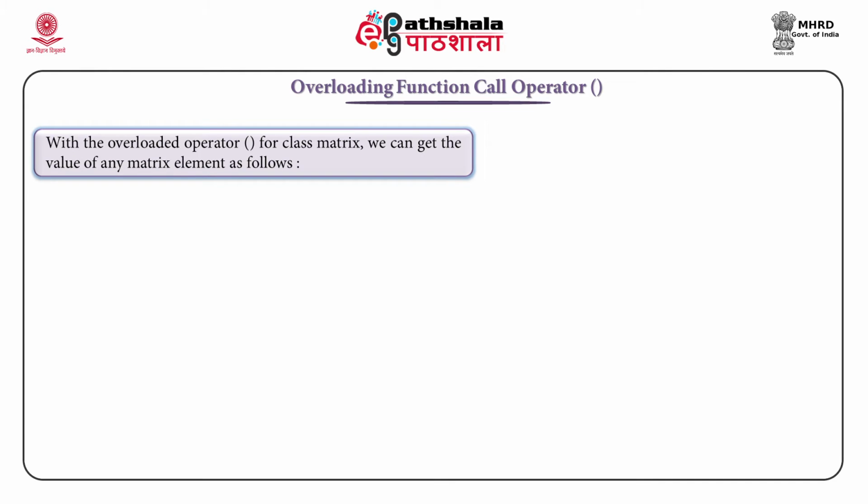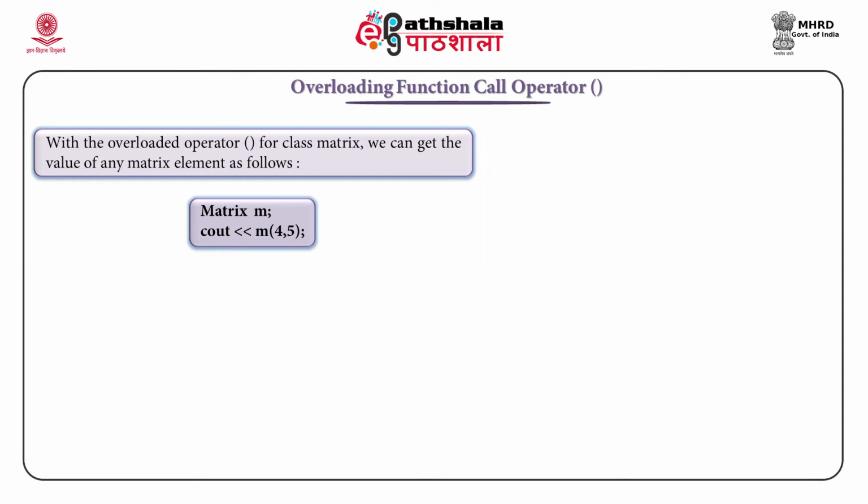Let us say we define an object M of matrix class. To display an element stored at the fourth row and the fifth column in the matrix M, we can call this particular function as cout M(4,5). Now, in this case M is the invoking object which will invoke this overloaded function and 4 and 5 will be passed in as arguments. This function will return the element stored at the fourth row and the fifth column.